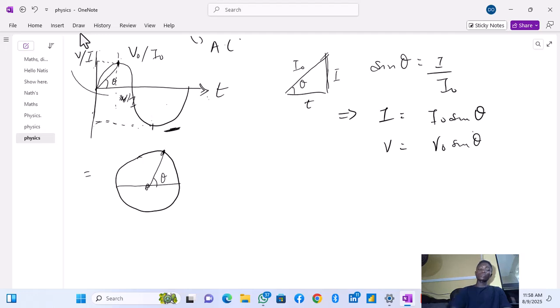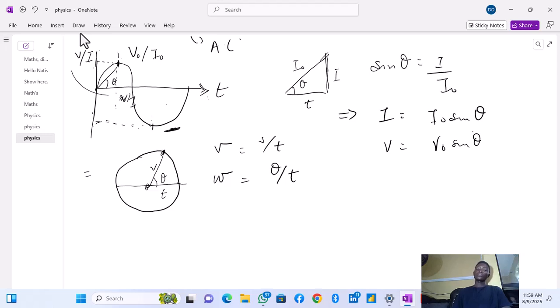Because we want to look at the relationship with the time t. So this is time t. Now you want to agree with me that linear velocity v, let me use this type of v for velocity so that you don't confuse it with voltage, is distance over time, isn't it? So you agree that angular velocity omega will be angle turned through per time, isn't it?